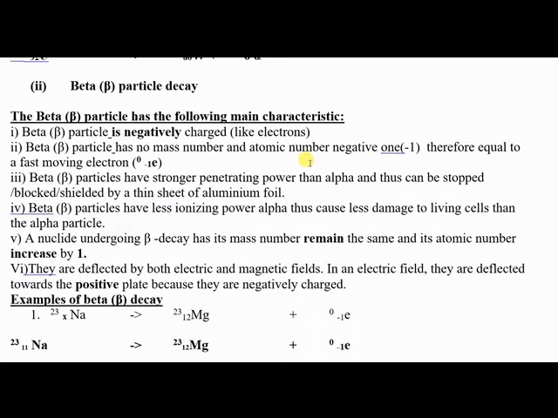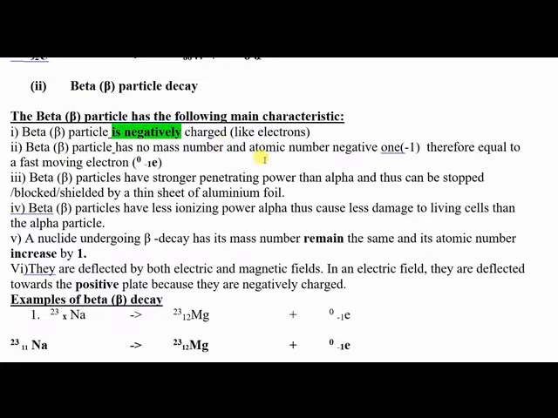Let me go to the next one. The beta particle. The beta particle has the following main characteristics, which are very critical. Property number 1 is that beta particles are negatively charged.